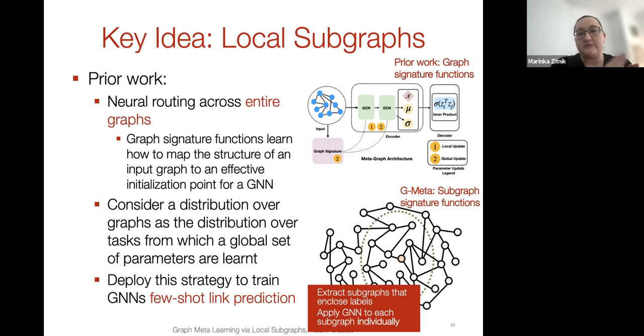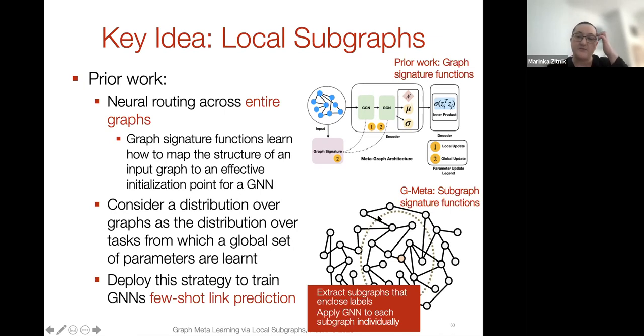Prior work done before GMeta used a mechanism for transferring knowledge that was based on the structure of entire graphs. That, however, required that those prior meta learning methods had to learn graph level signature functions and perform routing of neural messages across entire graphs, which is, A, not scalable, and B, it also prevented the models from capturing the structure of full graphs.